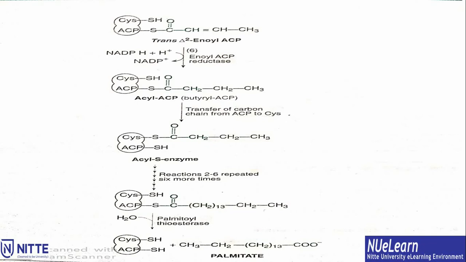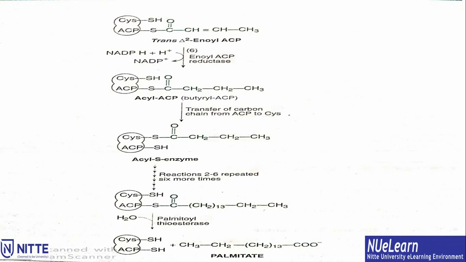Now, the sixth enzymic reaction is a second NADPH-dependent reduction, which is catalyzed by the enoyl ACP reductase enzyme, to produce acyl ACP. The 4-carbon unit attached to ACP, as you can see, is a butyryl group.